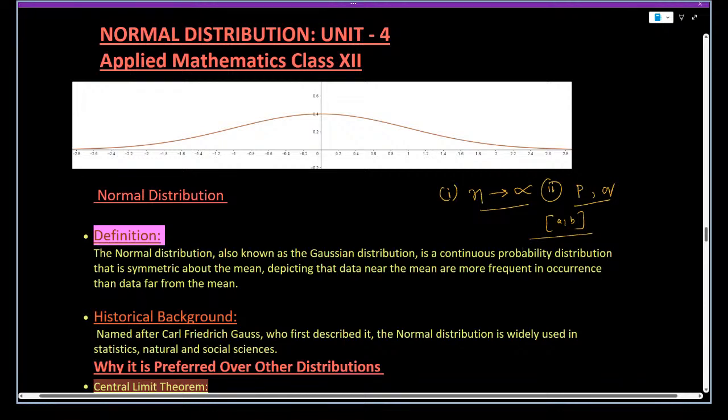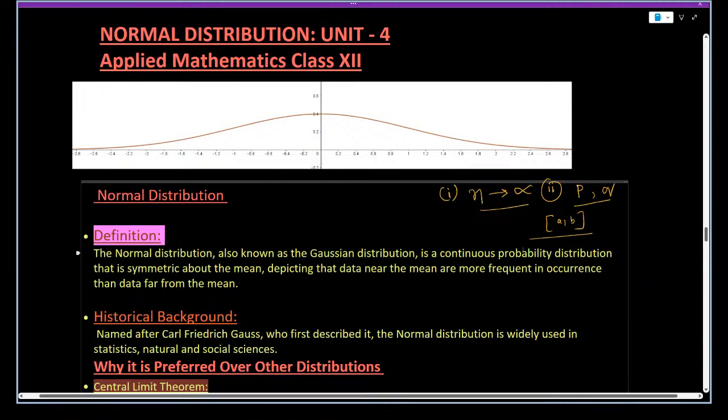For example, I took 2 lakhs, 5 lakhs, it may be 2 crore, more than that. When n is tending to infinity and PQ has a definite value, that distribution we refer to as normal distribution, which will help you to calculate the probability of those events, trials, whatever you say.